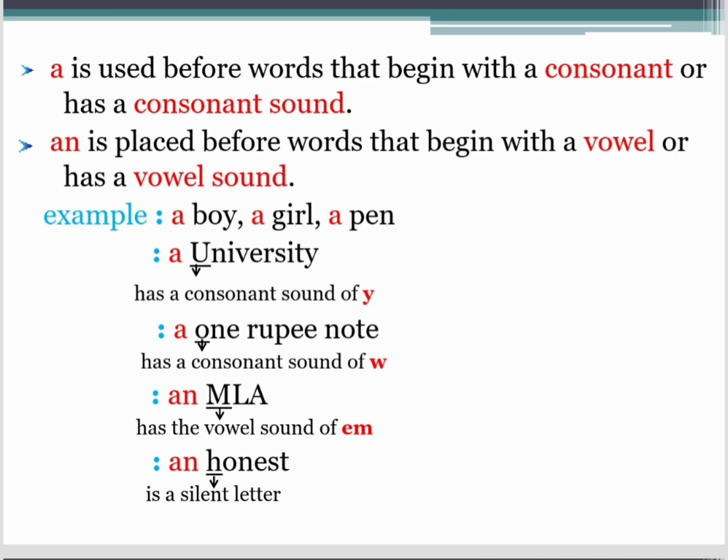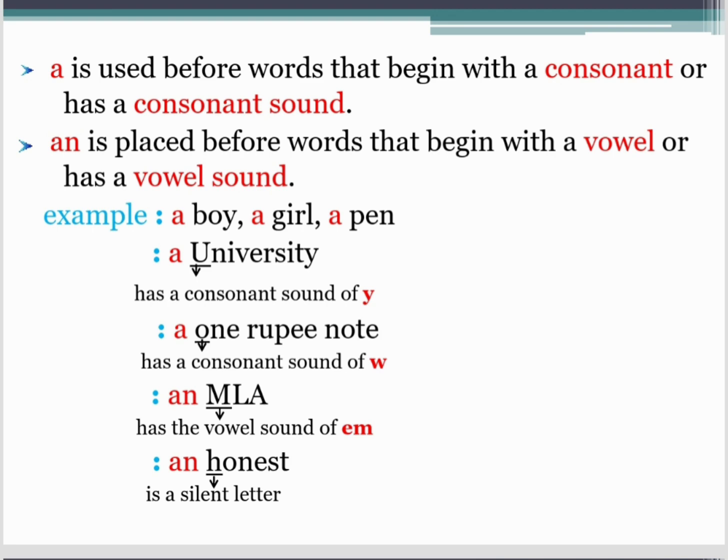Another example is that when we write a one rupee note, here the sound of W is heard instead of O. So here also instead of an, what did we place? A before one rupee note.